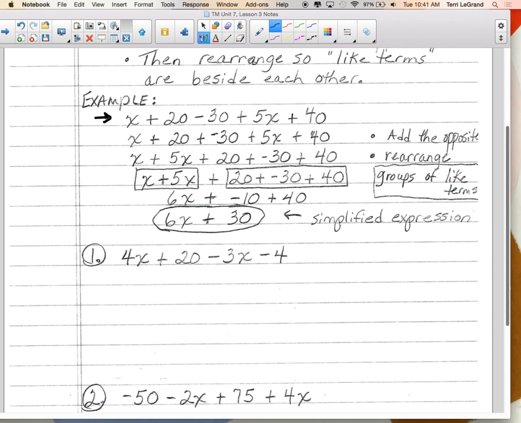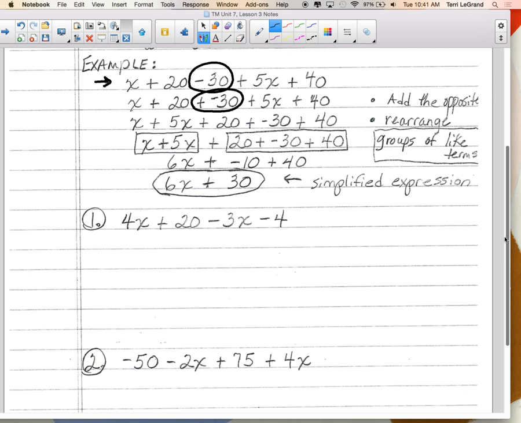Okay, this 20 minus 30, so it's right here. Subtract 30. So then I changed it to what? Plus a negative 30. So the subtraction becomes addition, and because 30 is what was being subtracted, the opposite of 30 is what class? Negative 30. So it became plus a negative 30.